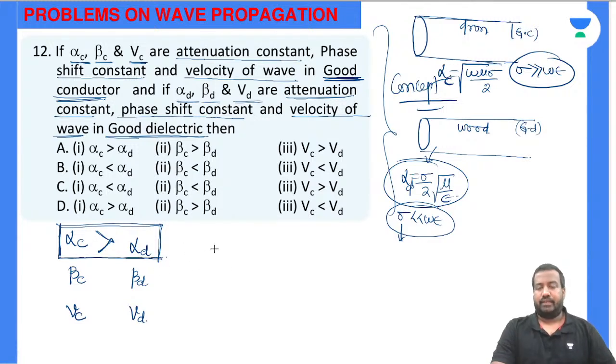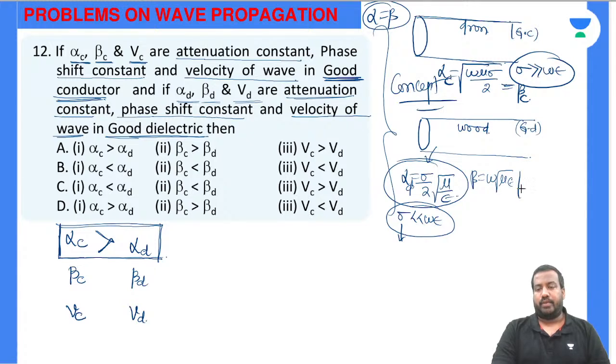Beta, if you see the phase shift now, beta and alpha are the same for good conductor. Sigma is very large, so beta is also very large, because for good conductor alpha is equal to beta. For good dielectric, how much beta will you get?